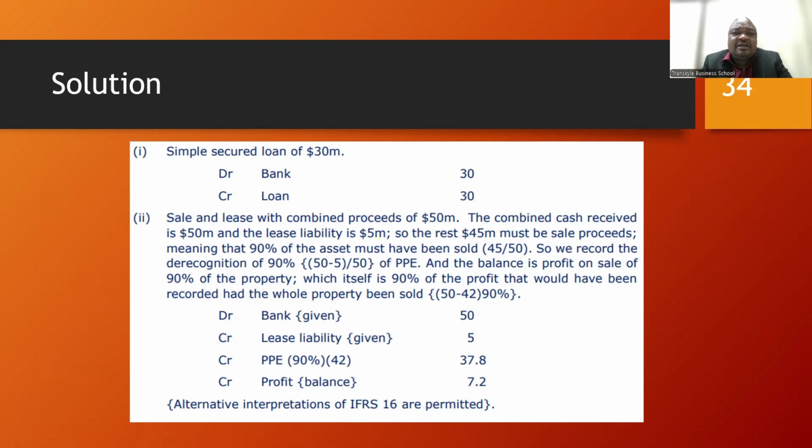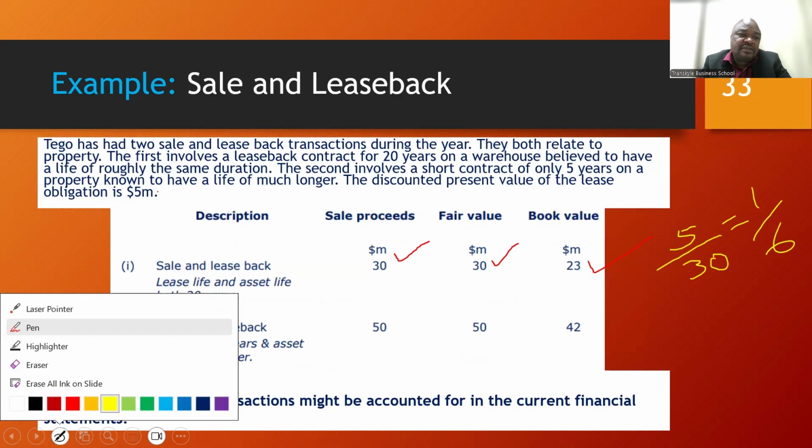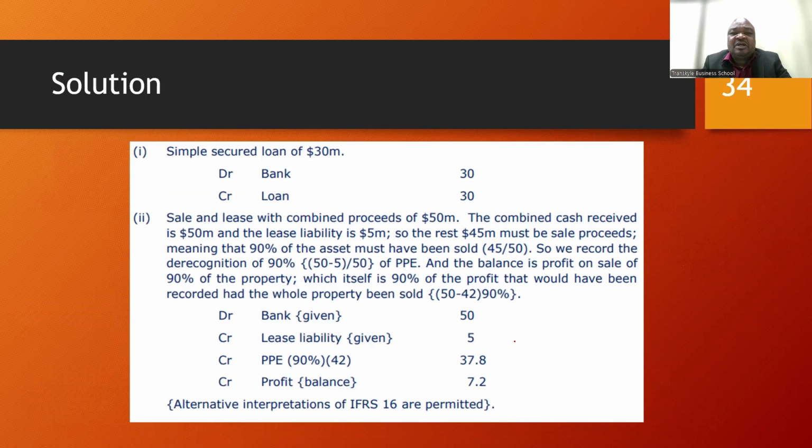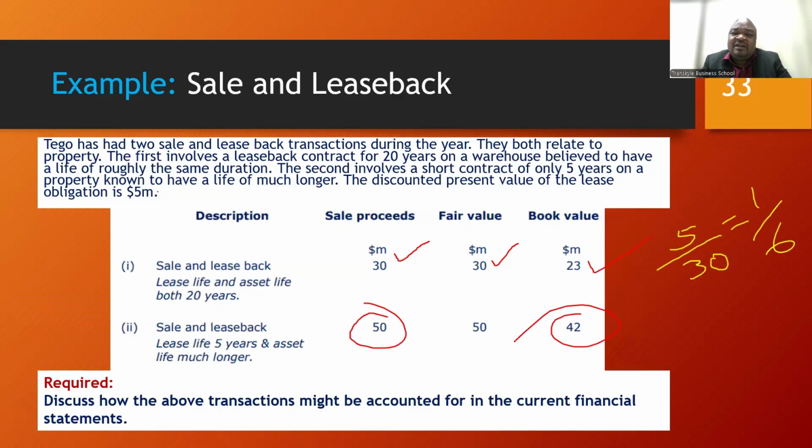But now, in situation 2, it is a sell and lease with combined proceeds of 50 million. The book value of the property was 42. What about the fair value? Fair value is 50, which is fine.